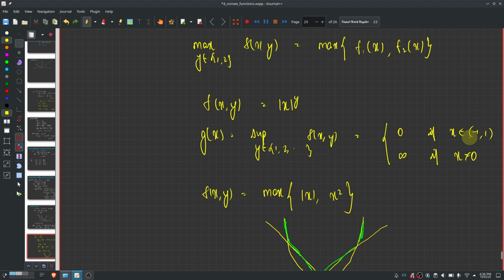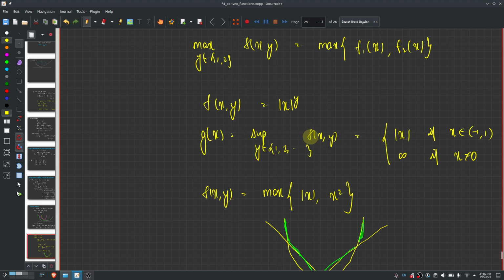Wait. Actually, that's not quite right. This would be equal to mod x in the interval -1 to +1, because I'm taking the maximum, right? In this particular interval, the supremum is indeed achieved.